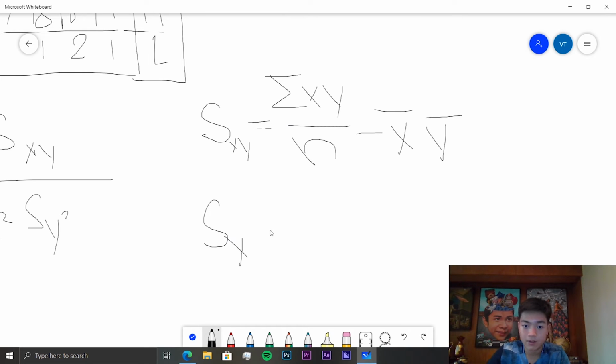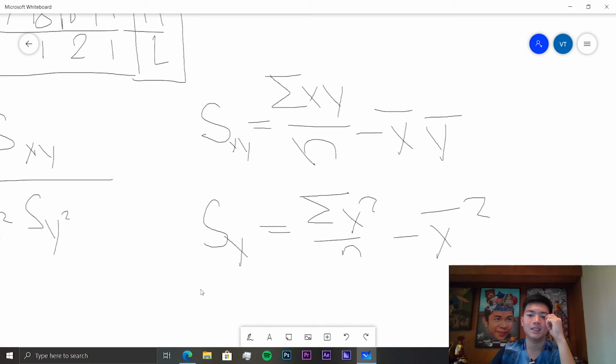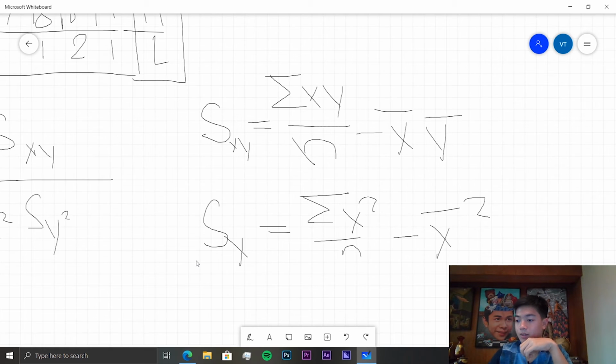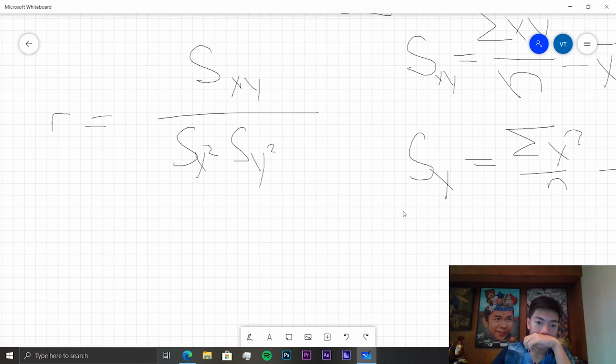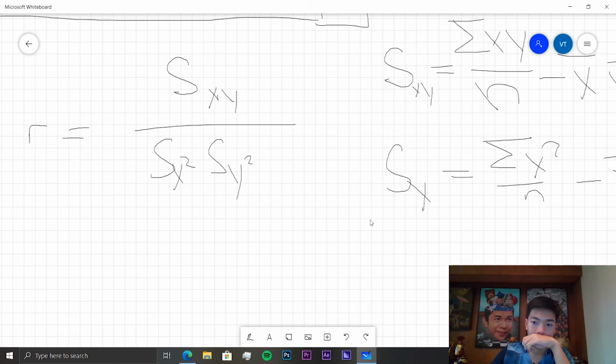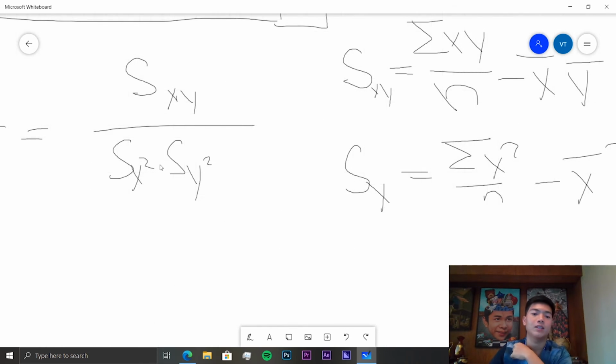And for the x values, we have the sum of x squared over n minus the mean squared, and the same for the y values. It's more or less the standard deviation squared. So, oh sorry, then this shouldn't be x squared.